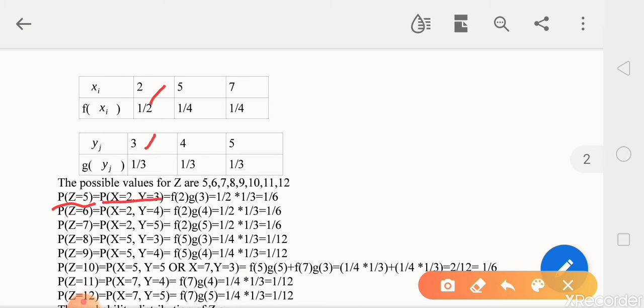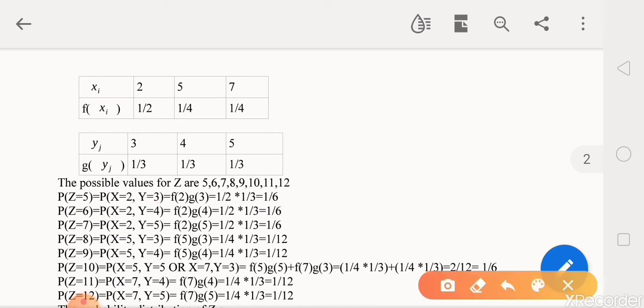So probability x equal to 2 and y equal to 3. Since x and y are independent random variables, probability when x equal to 2, y equal to 3 can be written as f of 2 into g of 3. F of 2 is 1 by 2, g of 3 is 1 by 3 and the value is 1 by 6.